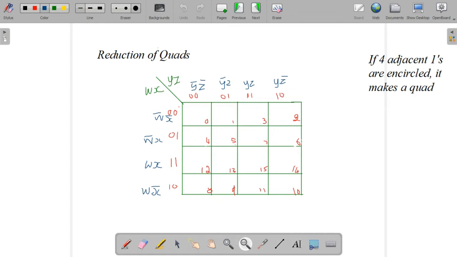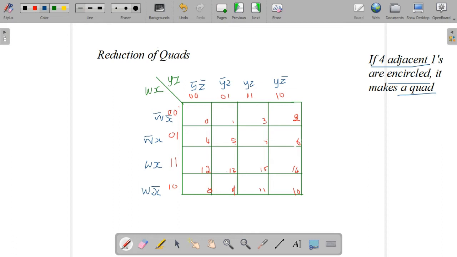Okay, so let's start. Detection of quads: you know how to mark a quad. If four adjacent ones are encircled, it makes a quad. Here I have drawn the same four-variable K-map.